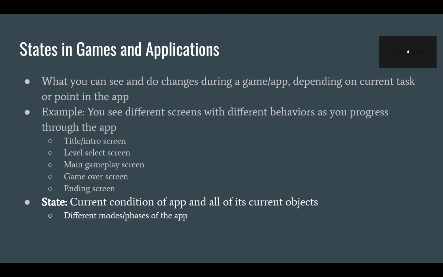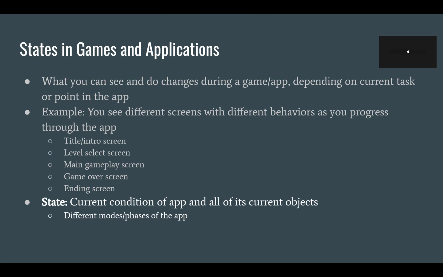Or to do. Then, you might have a game over screen where, as it sounds, if you have run out of lives or chances, you have maybe a game over message, and then you have options to go back and try again, or to go back to the home screen or something like that.